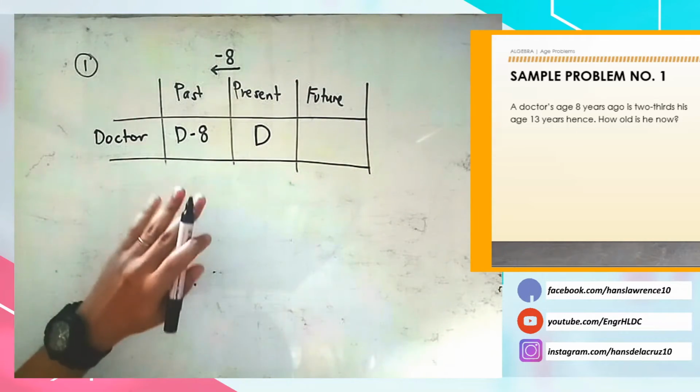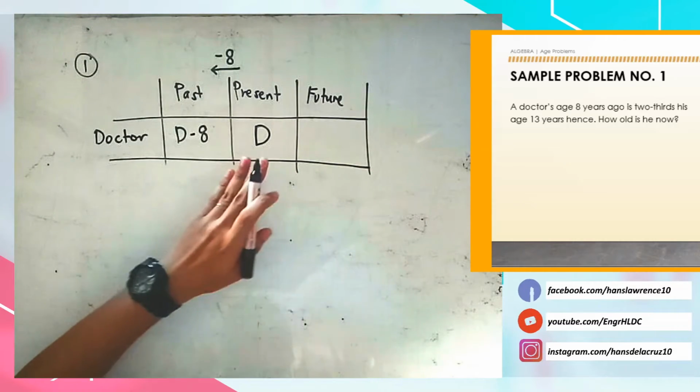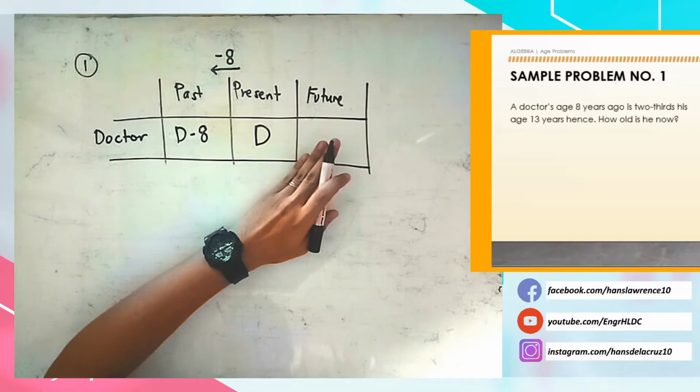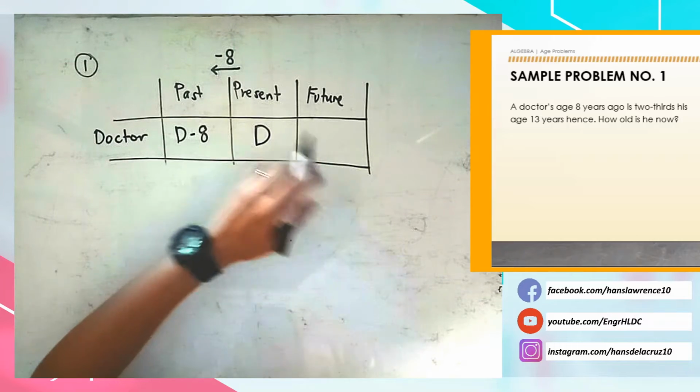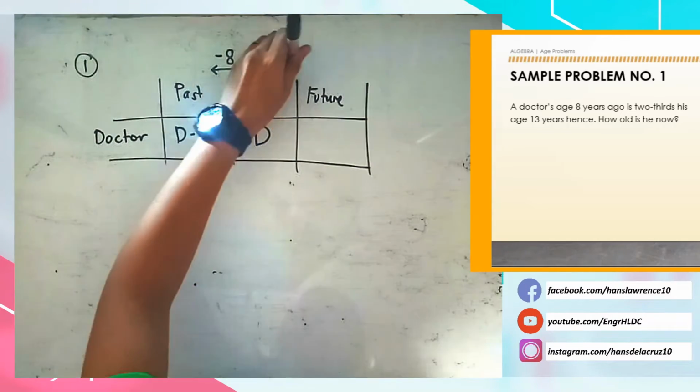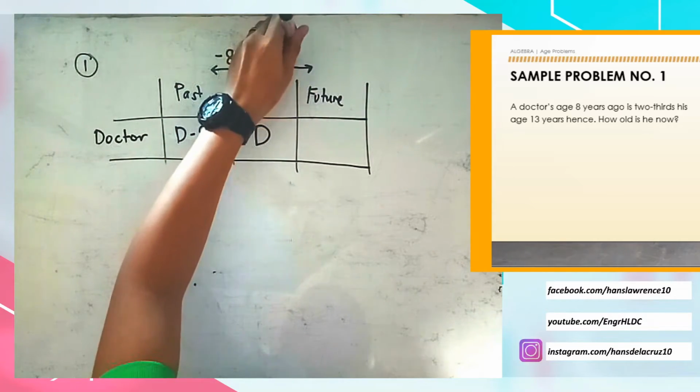Ayan, by tabulation, sobrang dali lang. Tingnan naman natin yung nangyari sa future. Sabi dito, 13 years hence, so from the present, plus 13.